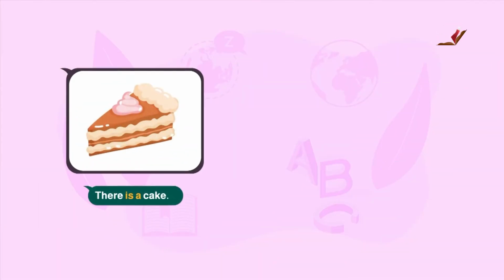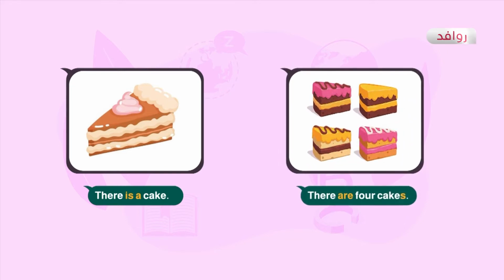In the first picture, there is a cake. In the second, there are 4 cakes. Notice, cake is a countable noun. When there is 1, we say a before the word.